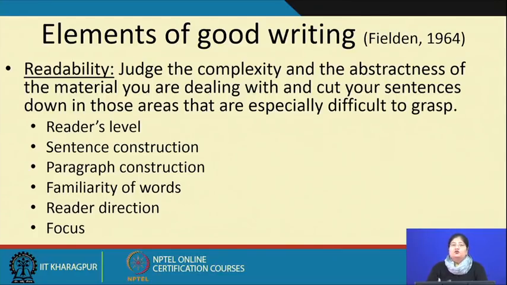You need to pay attention to the sentence construction, the paragraph construction, familiarity of words, and you also need to direct the reader to whatever it is that you're trying to say, and maintain the focus of the paper. So readability depends on all of these factors, including the level of the reader.